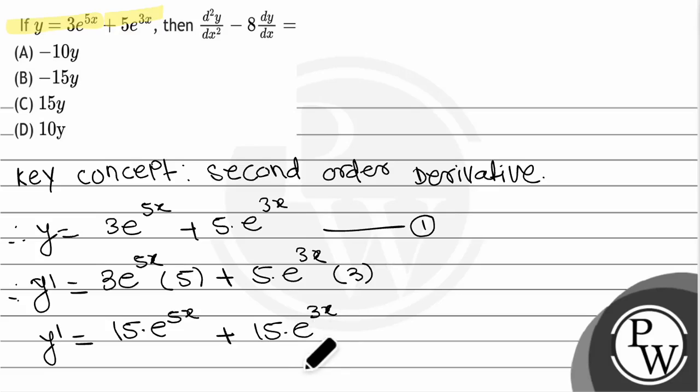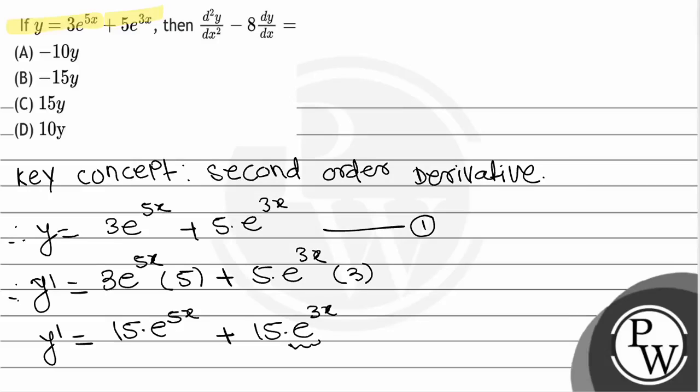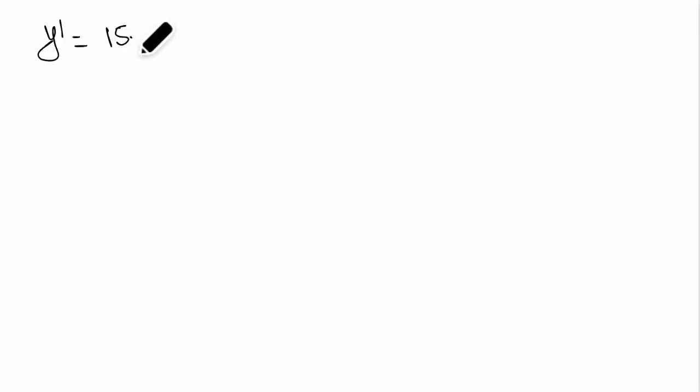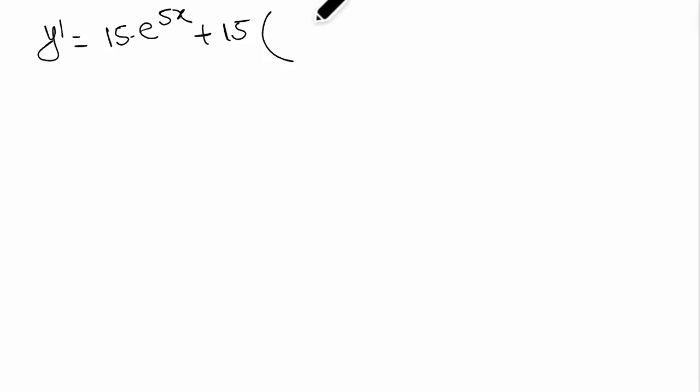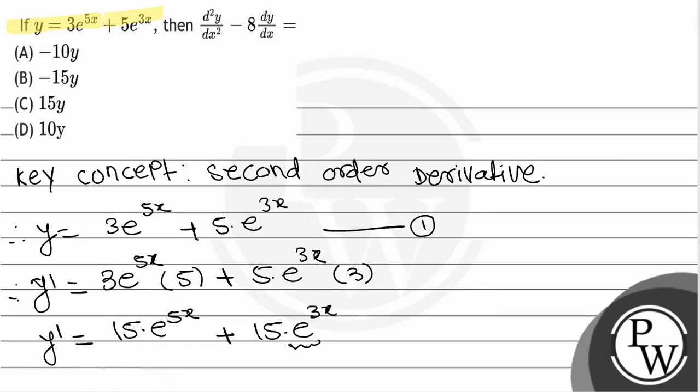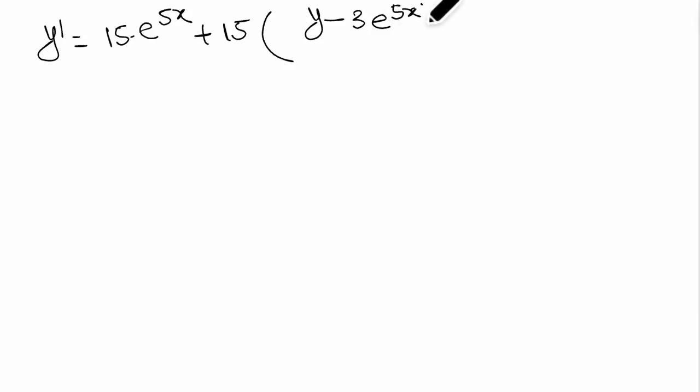So guys, we have to replace e to the power 3x from the equation 1. So from equation 1, what is the value of e to the power 3x? So your y dash value, y dash means first order derivative, will be 15 into e to the power 5x plus 15 in bracket, here e to the power 3x equal to y minus 3 into e to the power 5x, whole divided by 5.